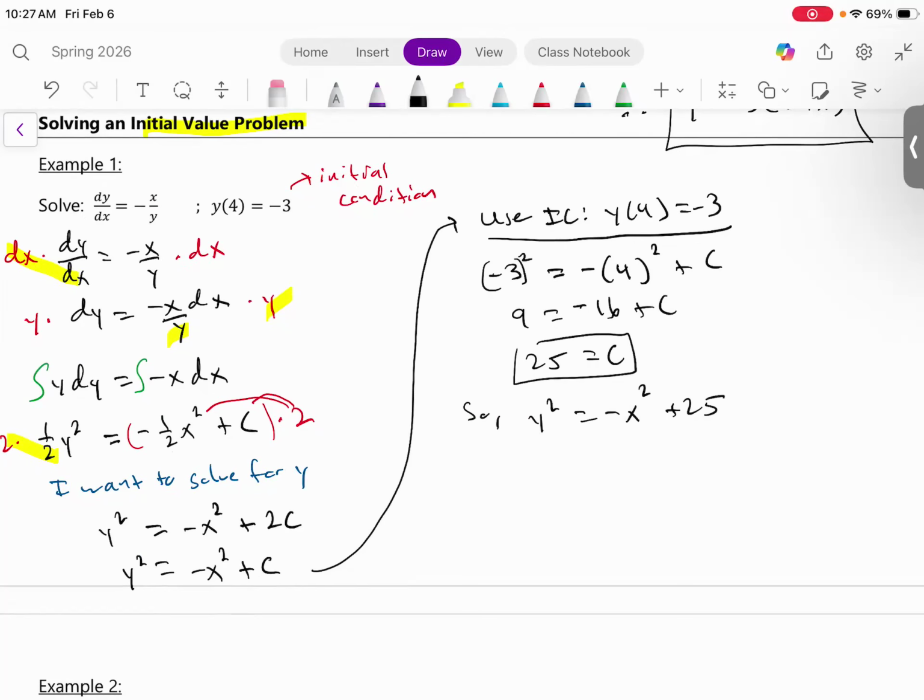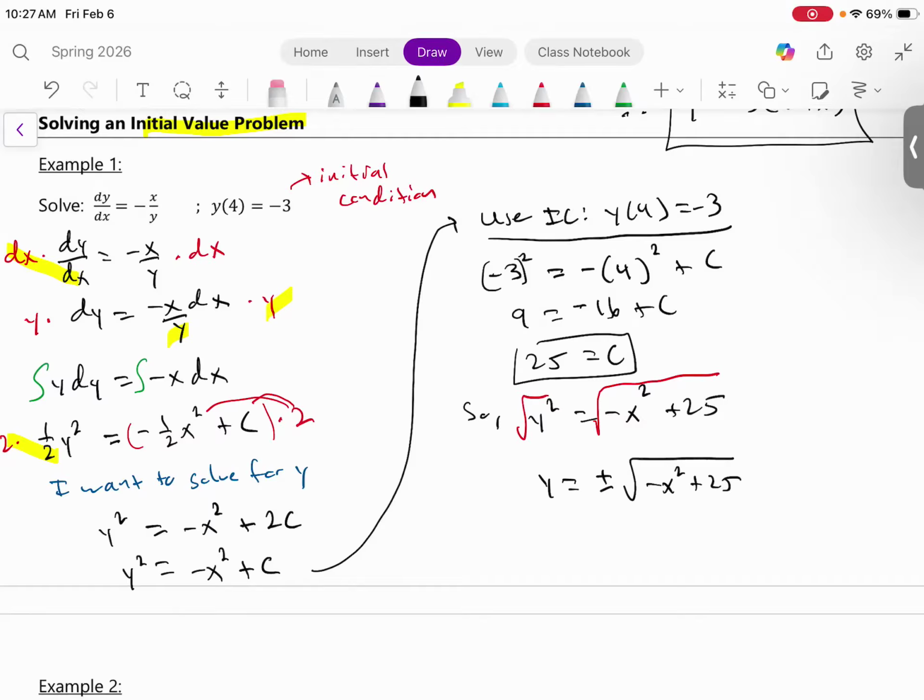Remember, I want to solve for y. So what I need to do here is square root both sides. And so what I would get is y equals plus or minus square root of negative x squared plus 25.